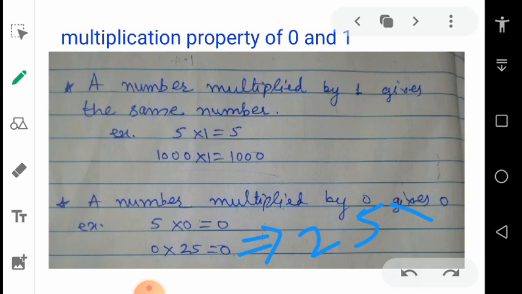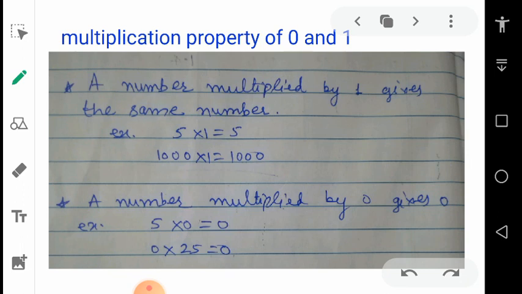Now let's repeat this topic again. 0 and 1 both have an important property such that if 1 is multiplied by any number, the product will be the number itself, and if 0 is multiplied with any number, the product will always be 0.